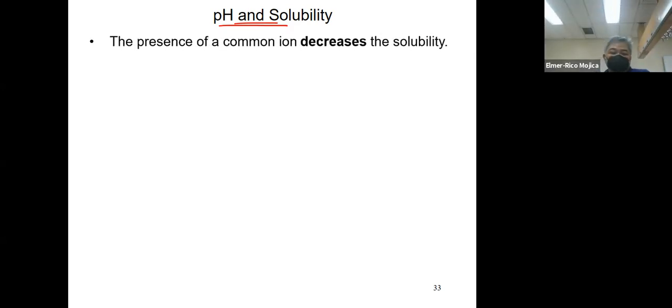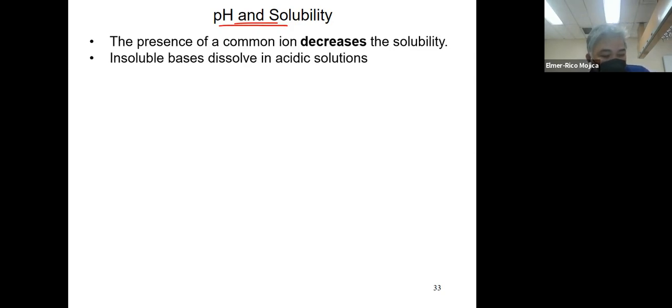Well, I told you it depends. Now, what we know so far, the presence of the common ion decreases the solubility. Now, insoluble bases dissolve in acidic solutions, and insoluble acids dissolve in basic solutions. So the effect of the pH is conditional.